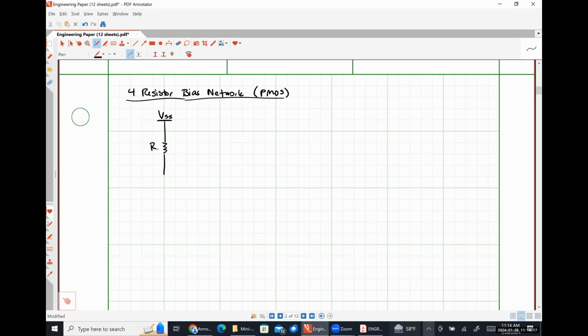Here's our resistor R1. Over here we have VSS. Here's our resistor RS.